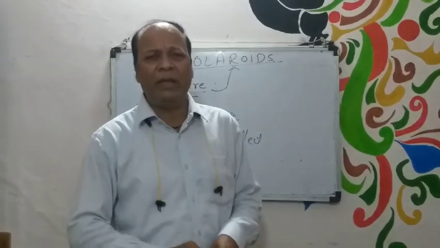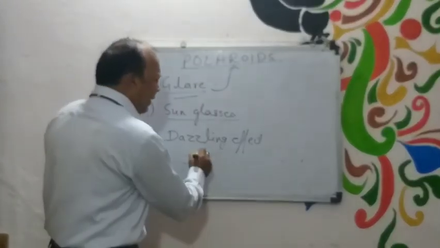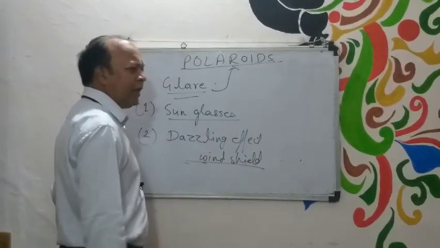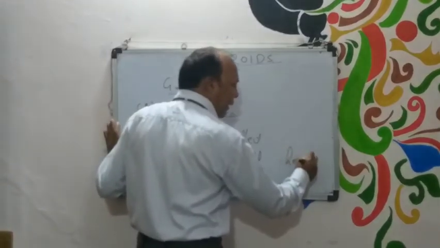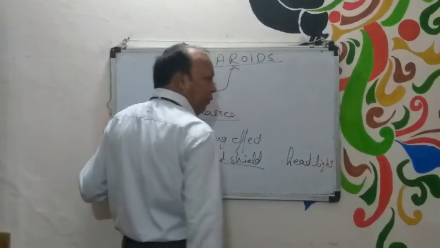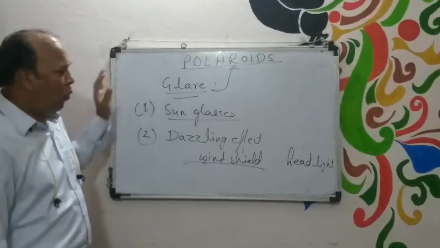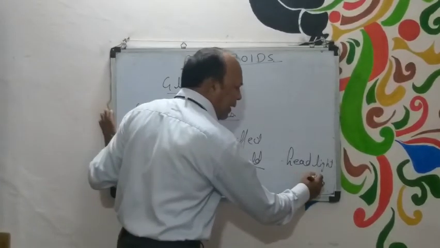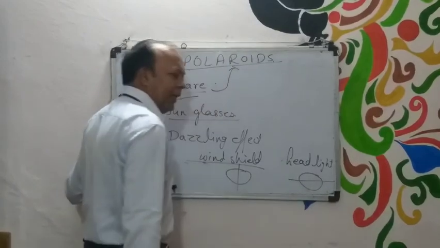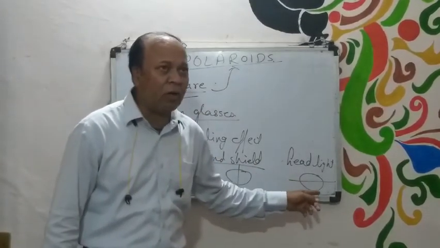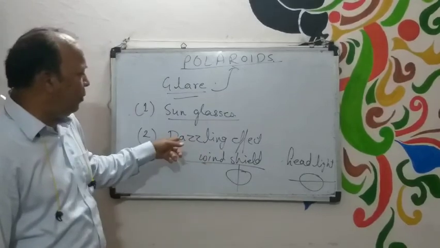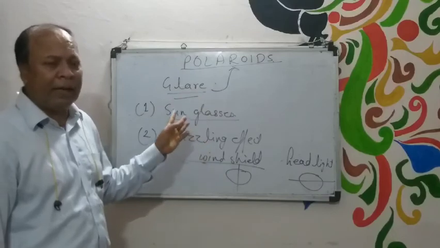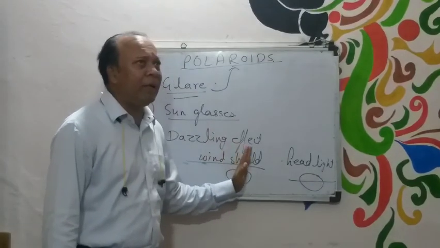So generally the windshield of any car and the headlight of another car, we use Polaroids whose axes are crossed to each other. Suppose here its axis is like this. So for the headlight you will find the axis in this way. When these two axes are crossed to each other, we can remove the dazzling effect. However, light will cross, so we will be able to see the other car. But the dazzling effect is reduced.